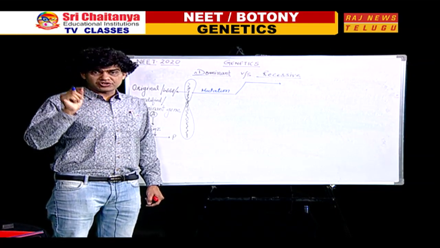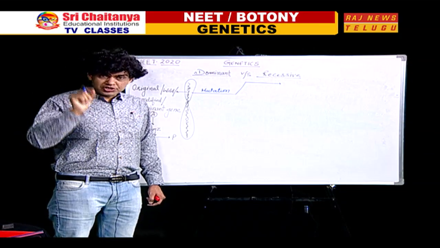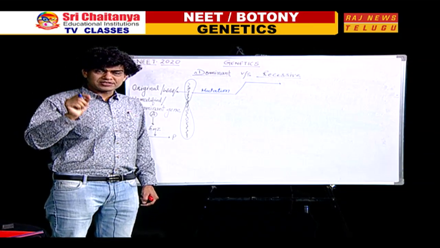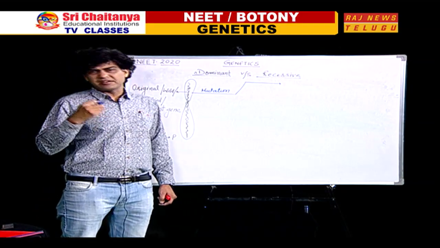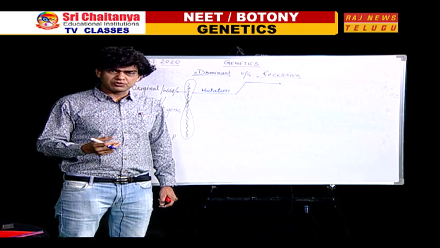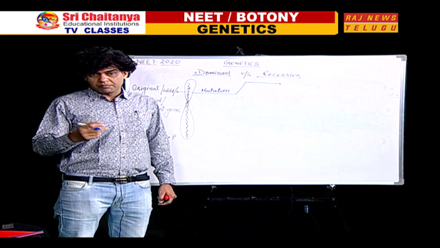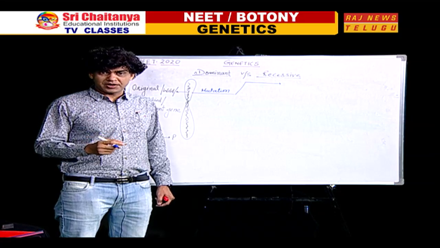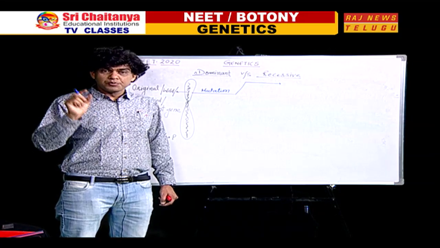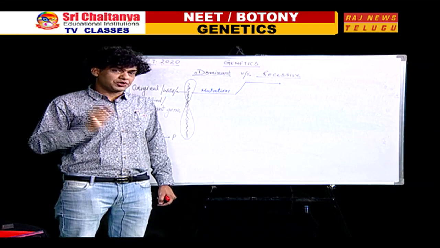If after a change in the nitrogen base sequence of the gene, one amino acid, suppose, changes in the protein, or maybe more than one amino acid gets changed in the protein product, that kind of mutation is known as a missense mutation.